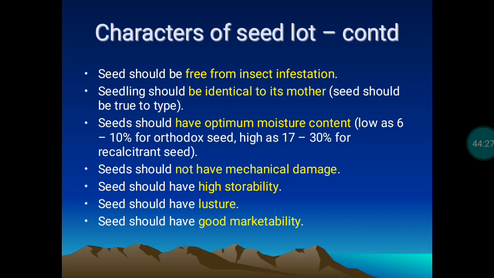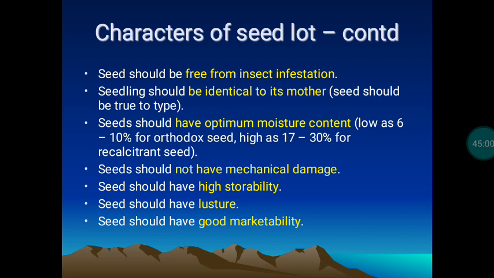Instead of completing flowering within 8 to 10 days, suppose a short duration variety is mixed in, that will come to flowering early. If your variety is a long duration variety, that will come to flowering after 20 days or so. So there is no uniformity at the field level. The stage of development also will be a problem. Because of that, we have to ensure genetic purity.